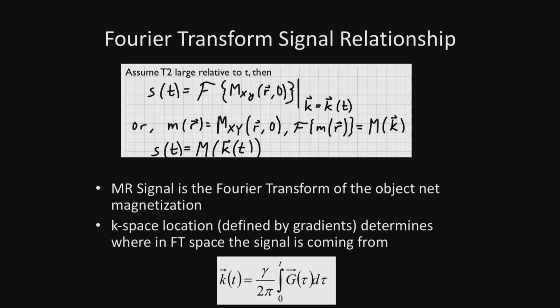And when you look at it this way, you can say that the data that we're acquiring in an MRI experiment is acquired in this K-space, which is the spatial frequency domain of our object. So little m here is our object as a function of space, and the Fourier transform of that is the domain in which we're acquiring data. Similarly to an FID experiment, you're acquiring the Fourier transform of your frequency content.